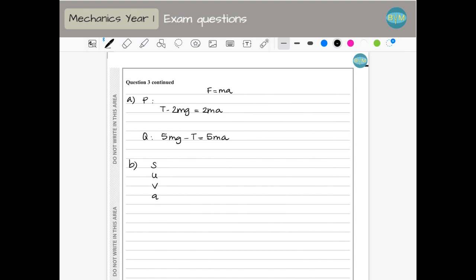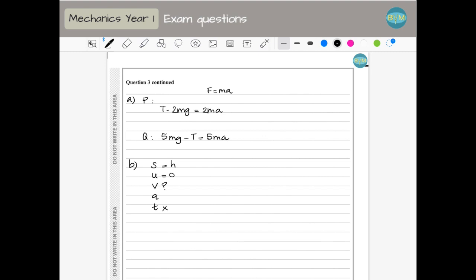If we apply SUVAT, we know the distance is going to be h. The initial velocity is 0 because it's released from rest. The final velocity is what we need precisely to find the initial velocity of the second part of the motion. The acceleration, we don't have it yet, but we are able to find it. And we don't need the time.